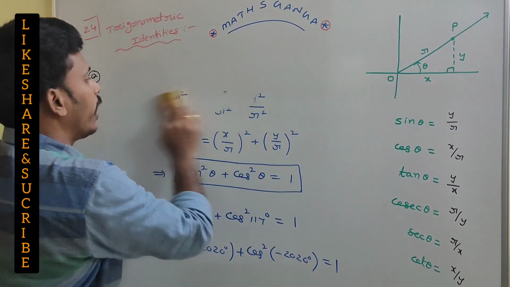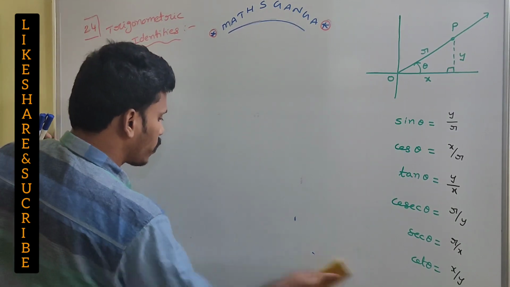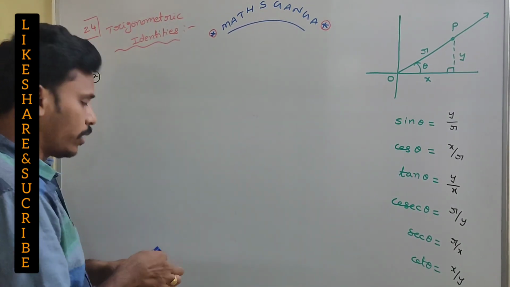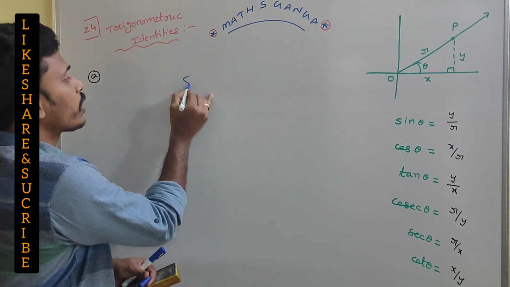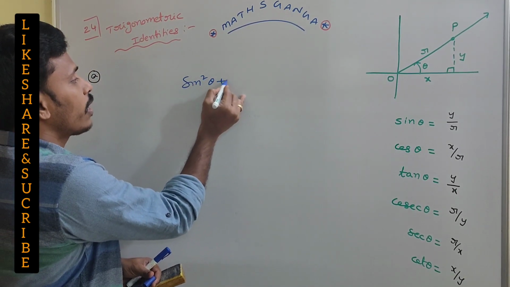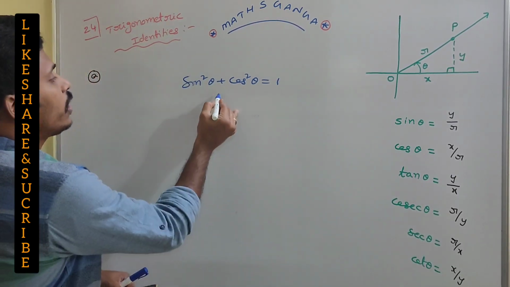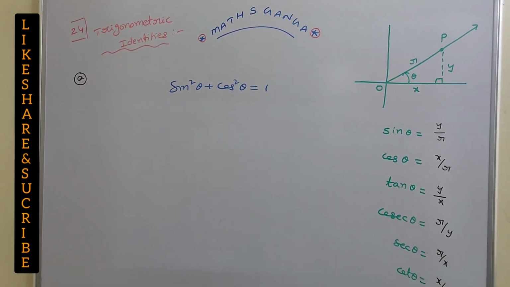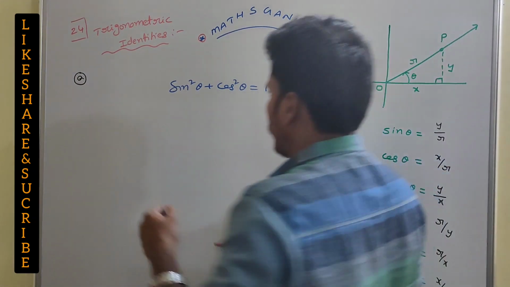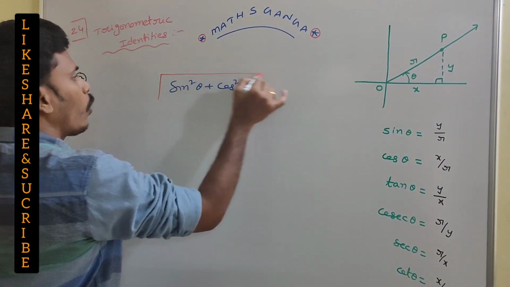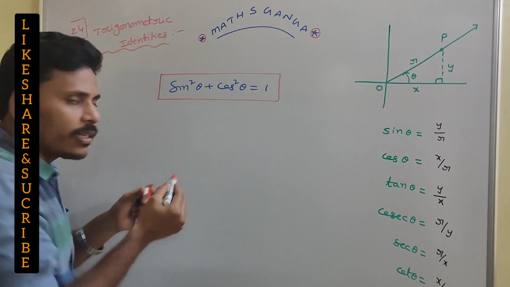And now I am starting with this sin square theta plus cos square theta is equal to 1. You just look here. That's a good thing. We have sin square theta plus cos square theta is equal to 1, and in the required cases we can rewrite it in different ways.